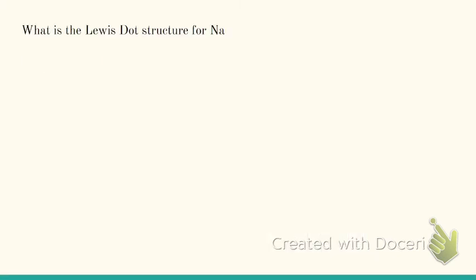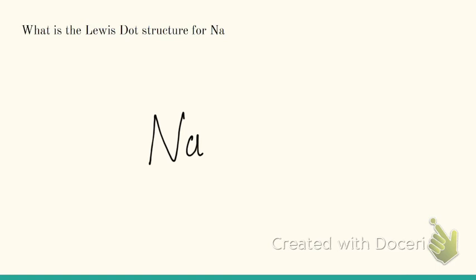All right, so let's go ahead and take a look. We're going to draw the Lewis structure for Na. First we start off with just our symbol, so we get our Na right here. Taking a look at the periodic table, sodium is in column A, or column 1.